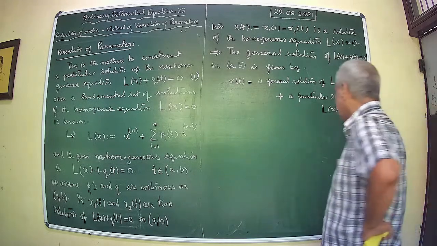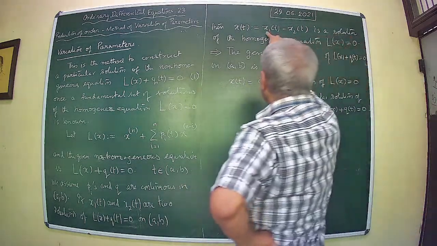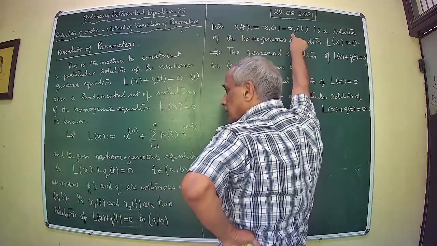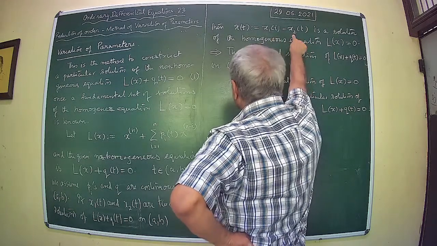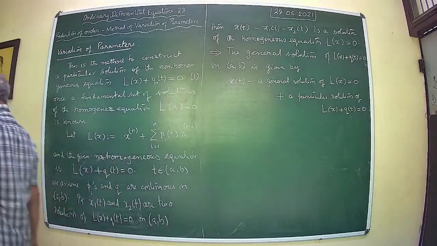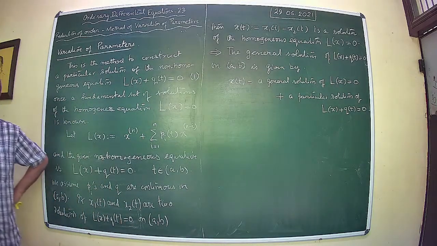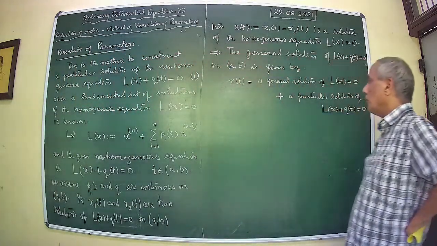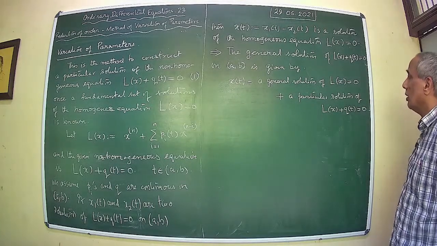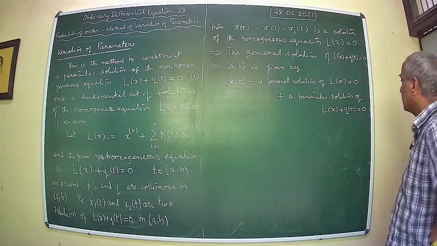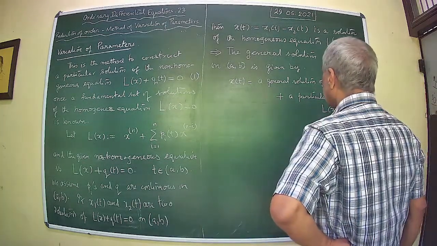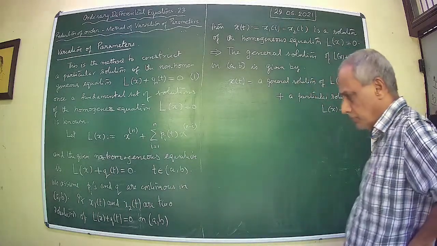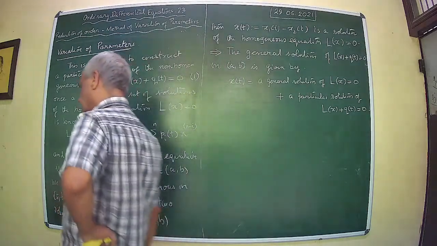That is because if you take from here, you know that x1t is essentially xt plus x2t. Therefore, the difference between x1 and x2 is always a solution of the homogeneous equation. Therefore, if you want to get a general solution of Lx equal to 0, then it's a linear combination of a fundamental set of solutions of Lx equal to 0.